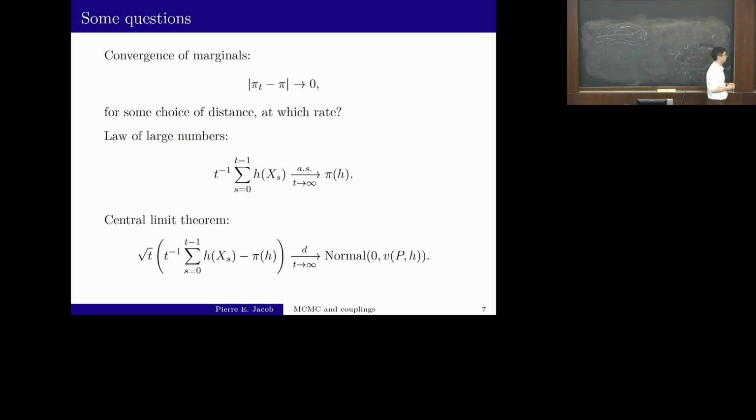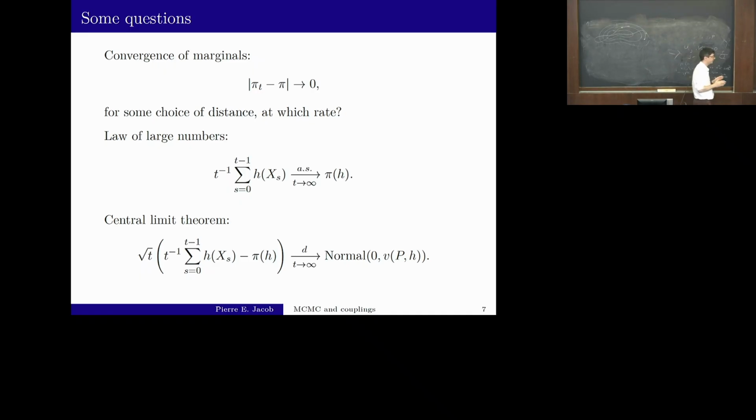Furthermore, the estimates in MCMC typically satisfy a central limit theorem. We're going to see again some conditions for that. So that says that the convergence rate is square root of the effort, the computational cost, which is linear in the number of steps. And the deviations are Gaussian with an asymptotic variance that we'll discuss a bit today in connection with the Poisson equation. But it's not IID, right?